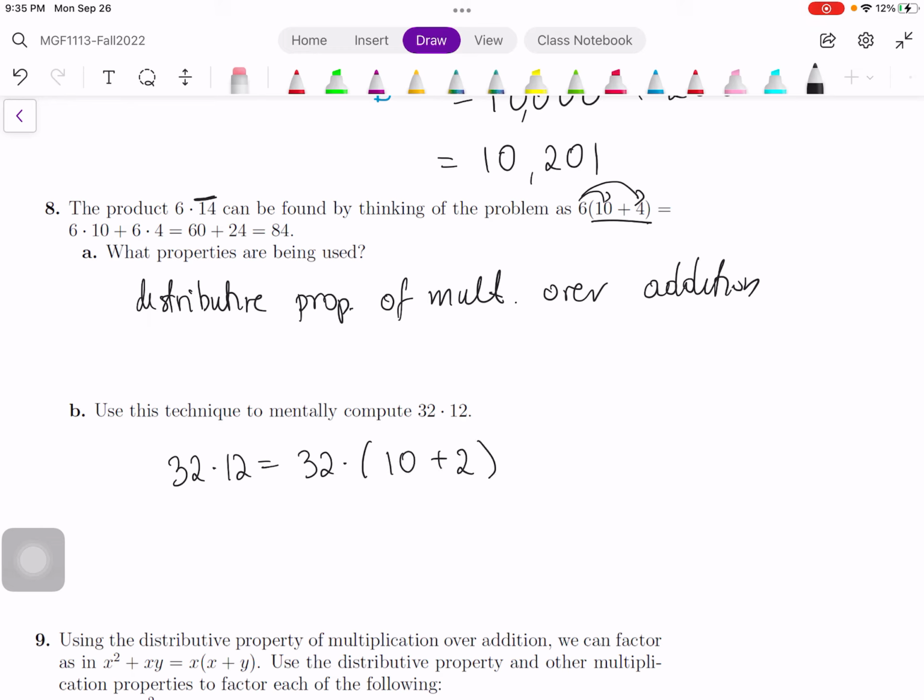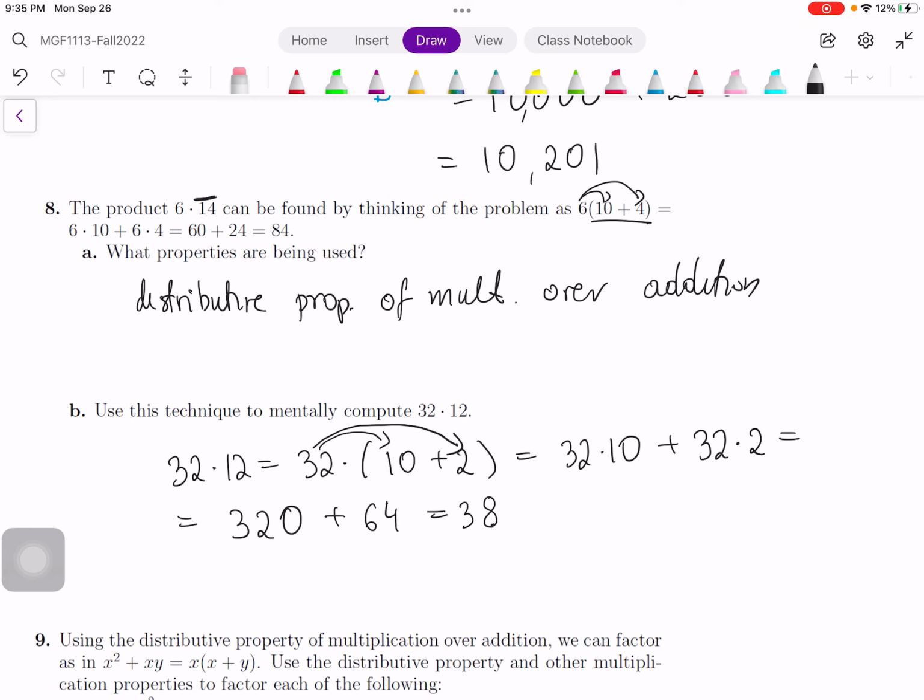So let's create the addition first. So 12 is 10 plus 2. So now we can distribute and do 32 times 10, and then 32 times 2. Multiplication by 10 or 100 just means adding those zeros, right? And this is 64. So now when you add together it is 384. And that's what 32 times 12 is.